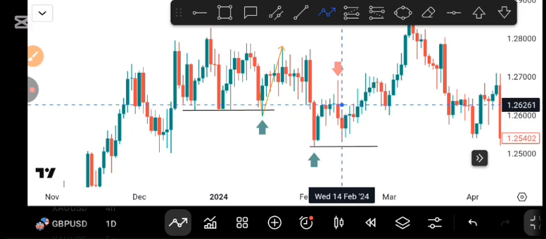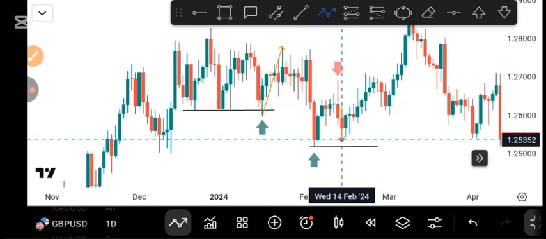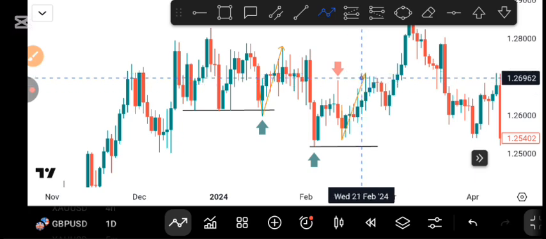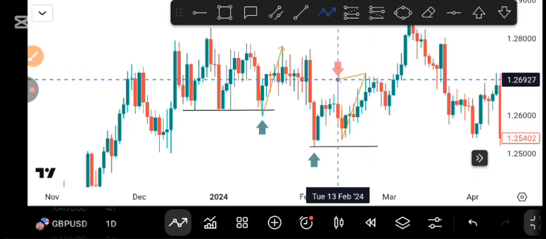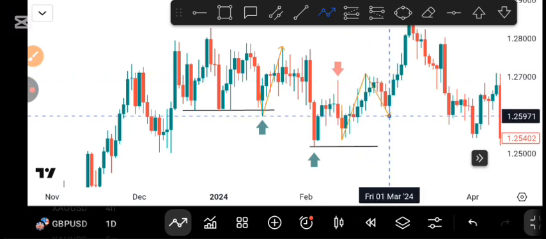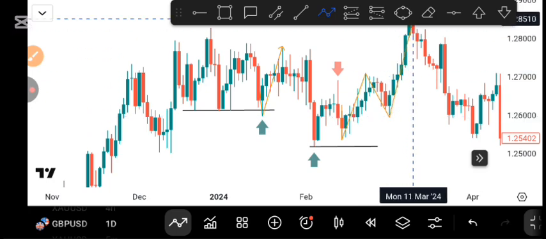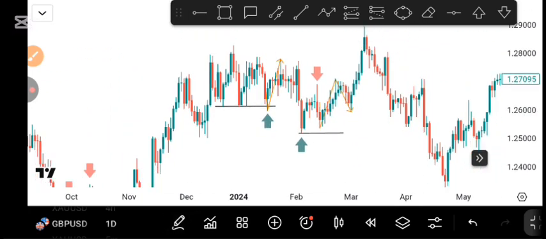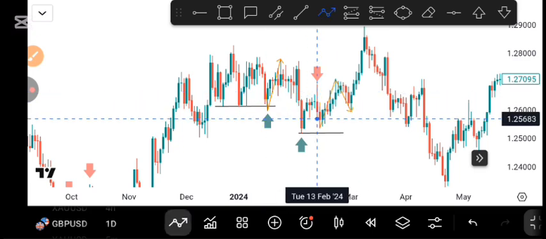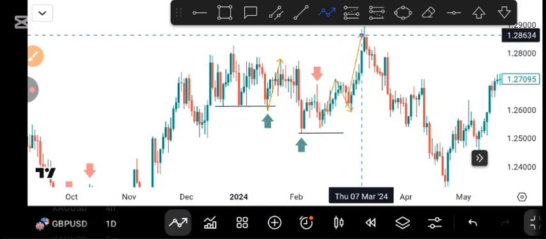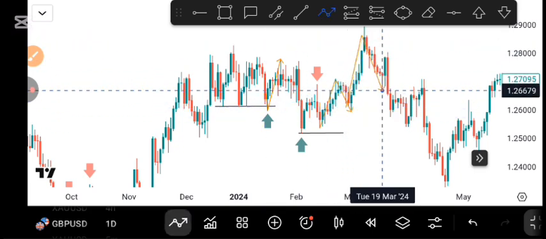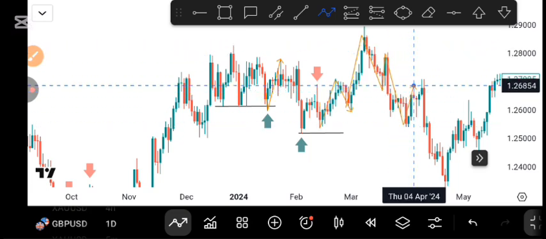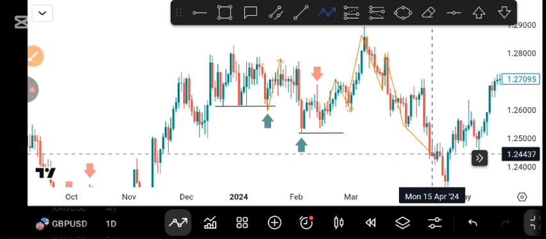So this market failed to create a low, respecting this low, and created a new high, which is a higher high, higher than this previous one. That's when this market shifted in structure and went above. So now this is a buy on that short time frame. So you can see this market created this high, created a low, failed to create a high, dropped again, and so on and so forth. That's how they think about the market.